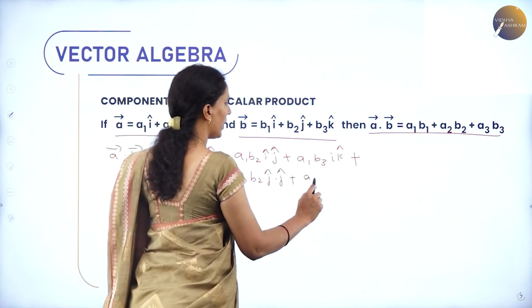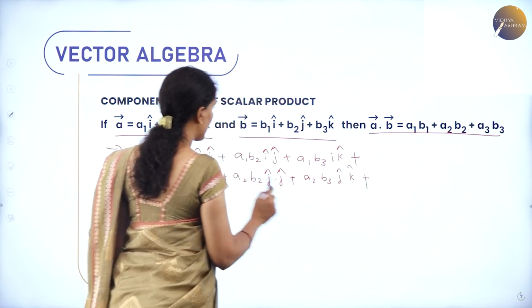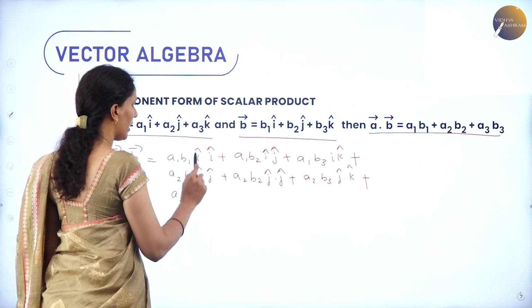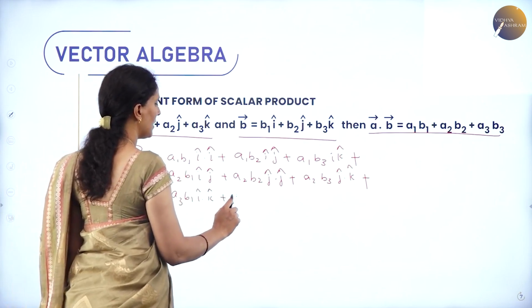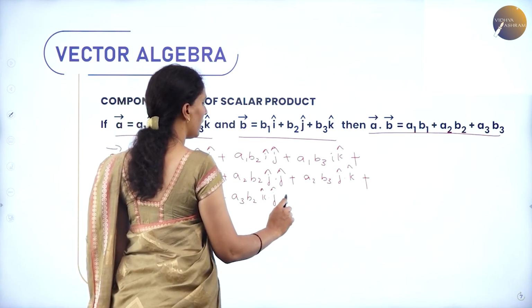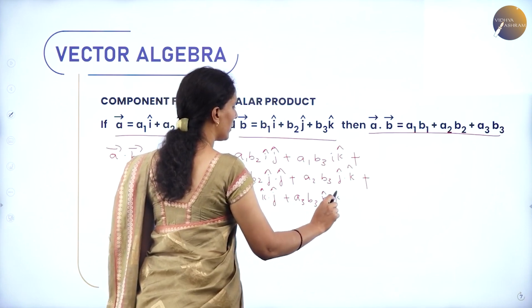Next we have A2 B3 j dot k plus next we have A3 B1 k dot i, plus A3 B2 k dot j and A3 B3 k dot k.